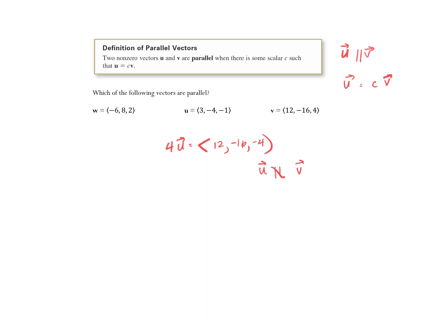W and U. And if I asked you to prove that? Well, if you're doing W, you can multiply by negative 1/2. So if I do -1/2 times vector W, I get 3, 4, -4, and -1. That is equal to U. So we're good.